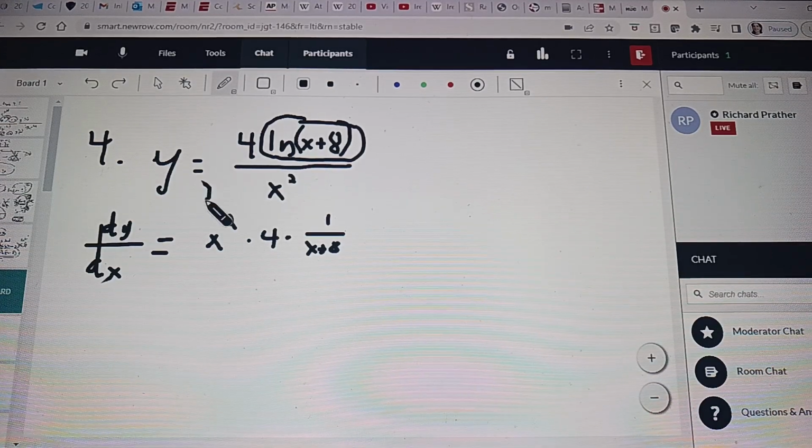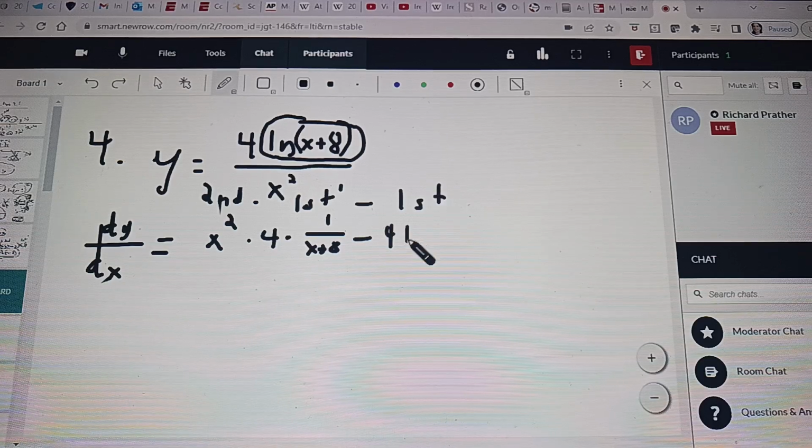So this was second times derivative of the first minus the first times the derivative of the second. And that's quadratic, but it's just a power rule.